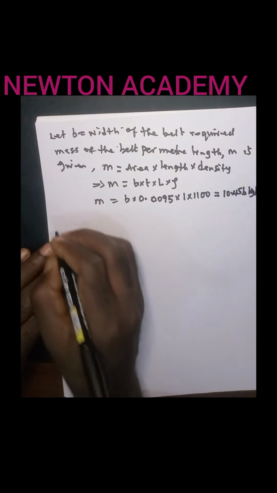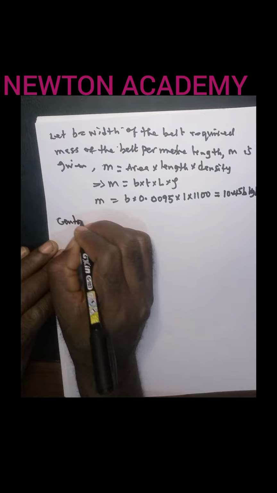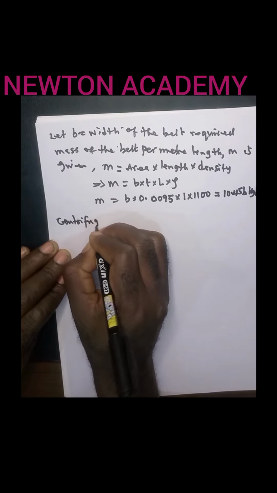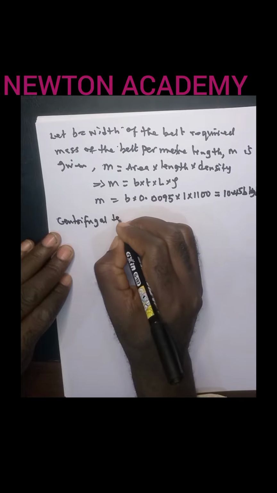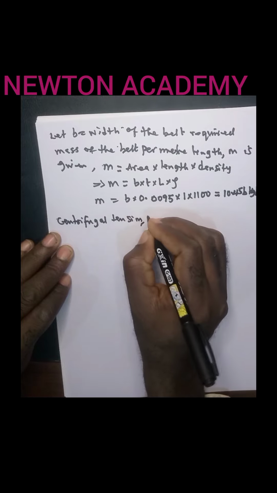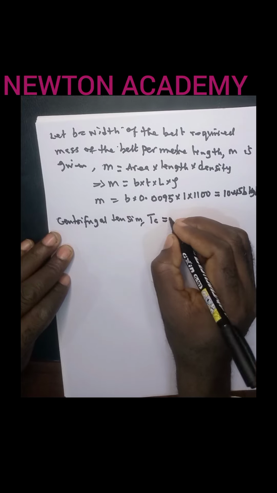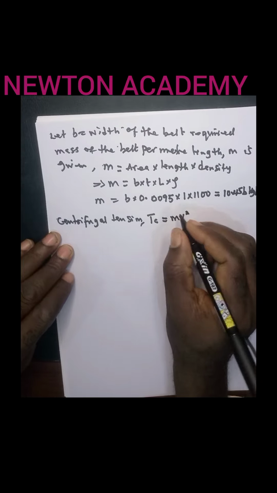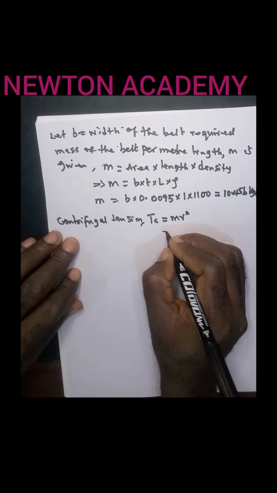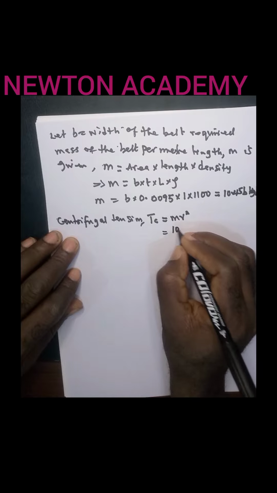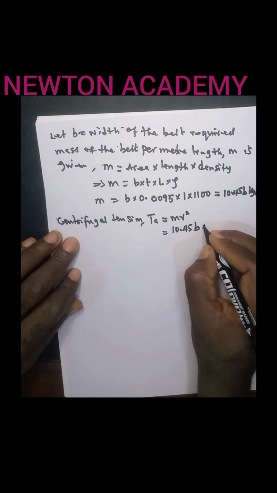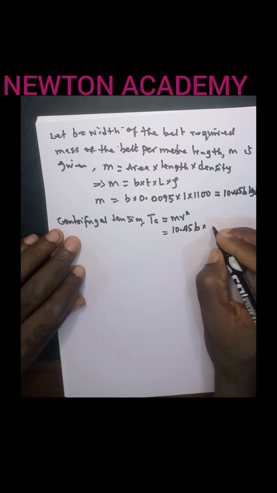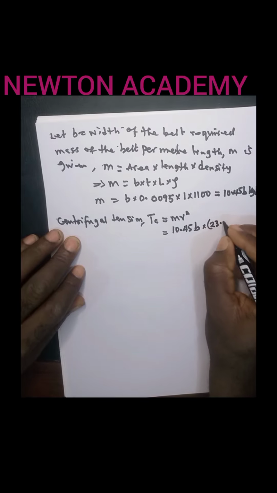Then also the centrifugal tension, TC, is given by m v squared, which is equal to the mass, 10.45 B, multiplied by the speed, 23.57 squared.